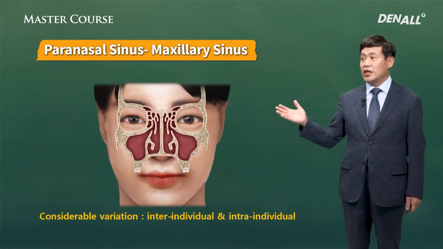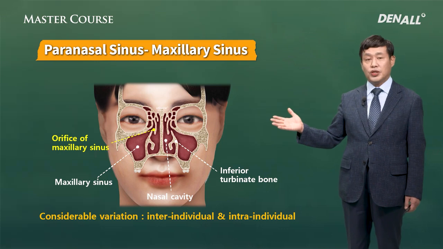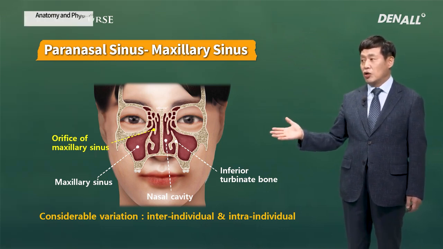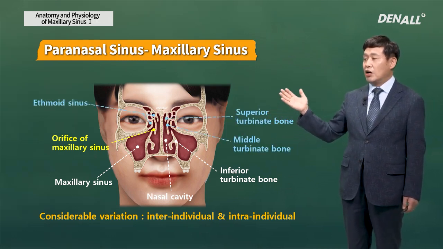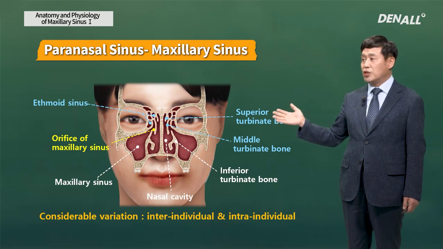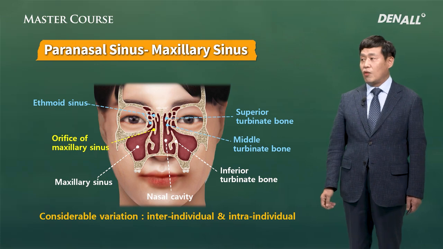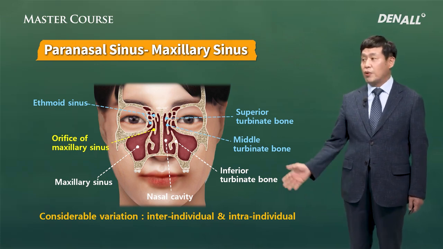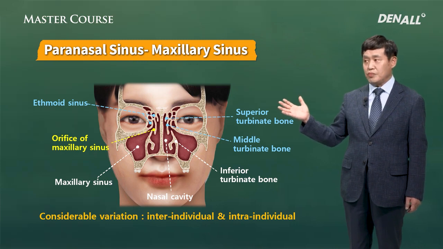Let's have a look at the maxillary sinus. If you look here, there is an inferior turbinate bone. The bone is indicated in white, and the ethmoid sinus, superior turbinate bone, and middle turbinate bone are indicated in the color blue. As we learned in the anatomy class, inferior turbinate bone in the skull is an independent bone.